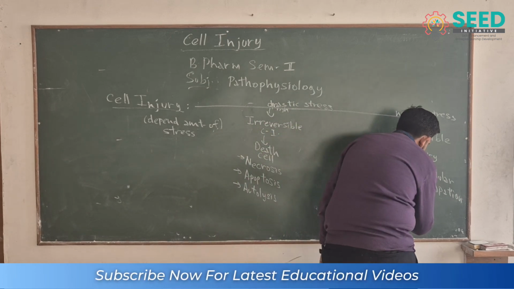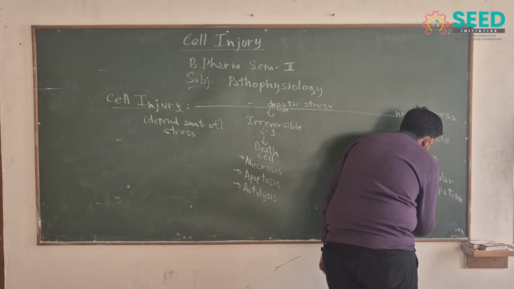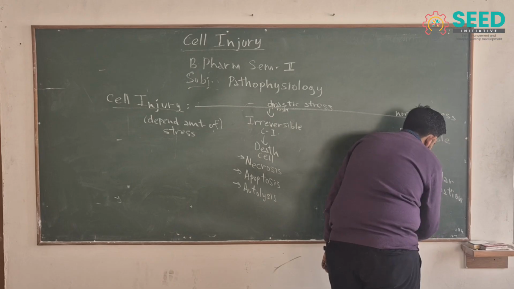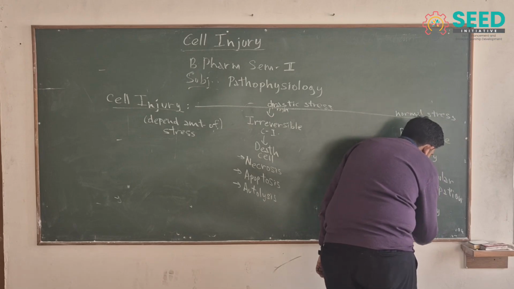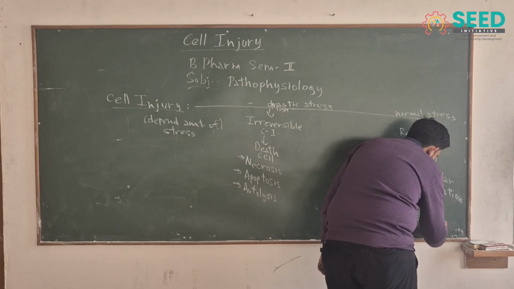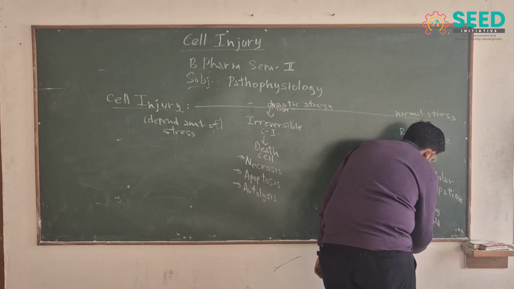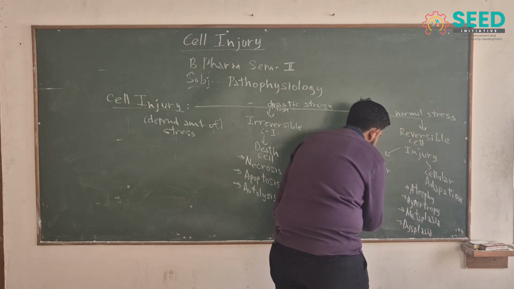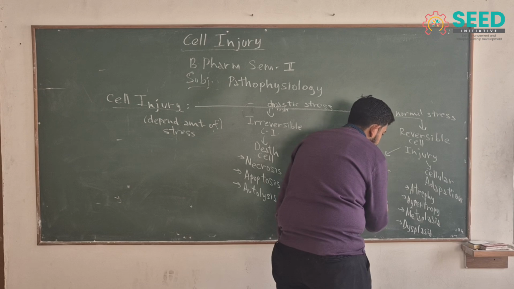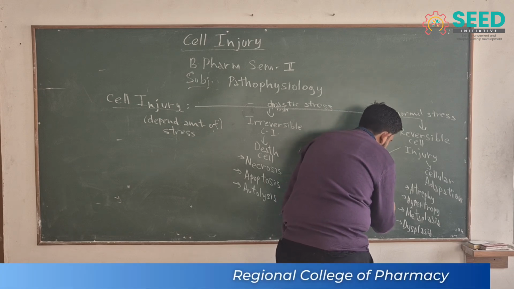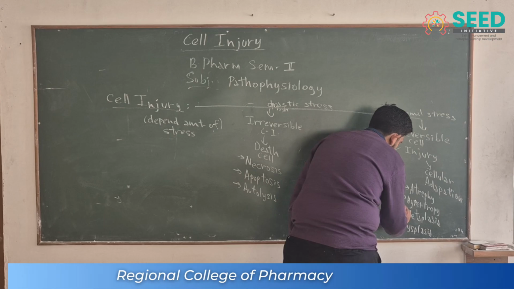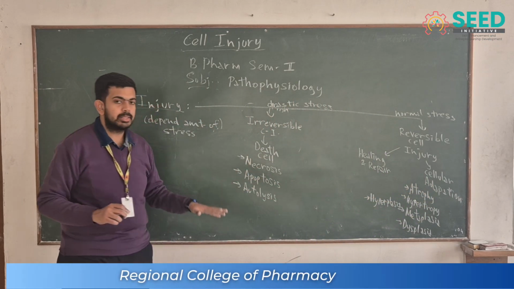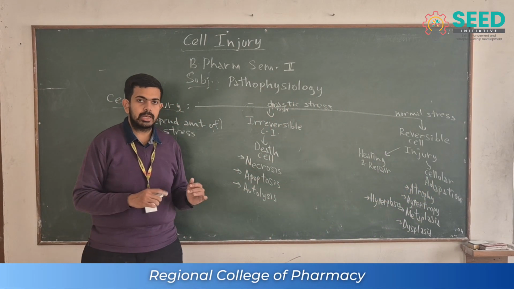Cellular adaptation is of five types: atrophy, hypertrophy, metaplasia, dysplasia, and hyperplasia. Now, what are these cell death and cellular adaptations? We will discuss it in the next class.